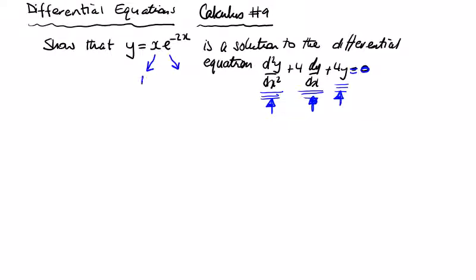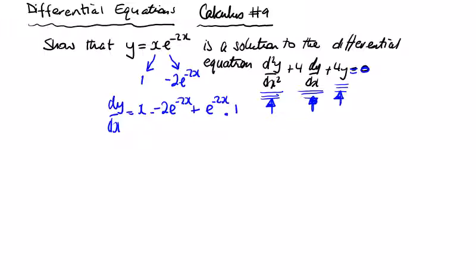X goes to 1, e to the power of minus 2x goes to minus 2e to the power of minus 2x. So dy dx is equal to the first by the second differentiated plus the second by the first differentiated, which is just 1.